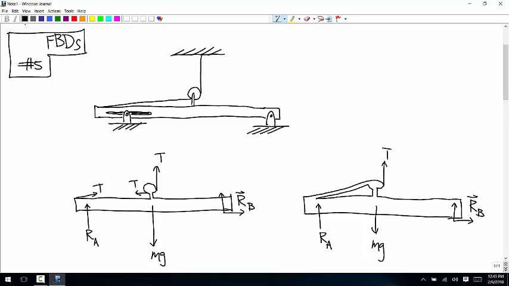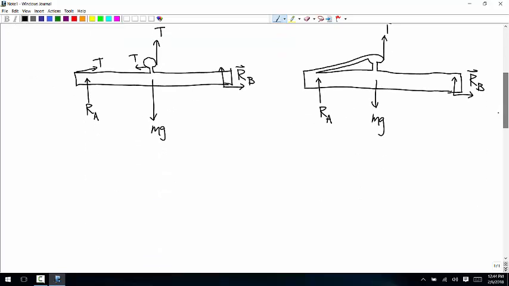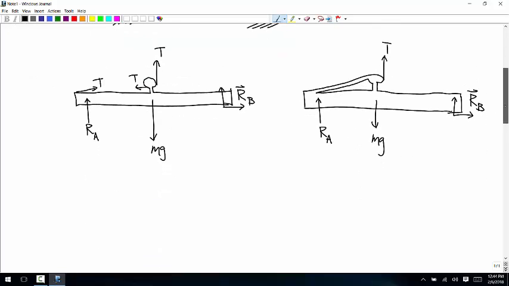Okay, there's another way you could do this, and that is just isolate the beam. A lot of this stuff stays the same.